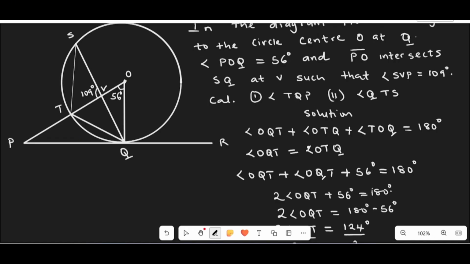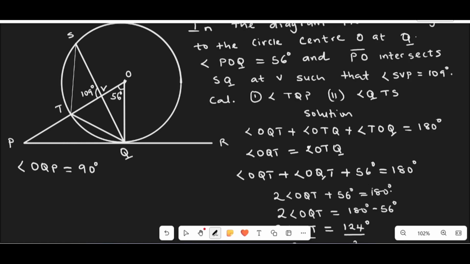So we can say angle OQP equal to 90 degrees. But our angle OQP is equal to angle OQT plus angle TQP.